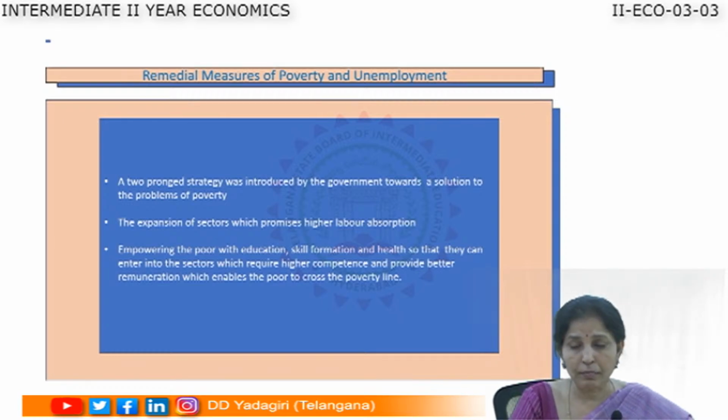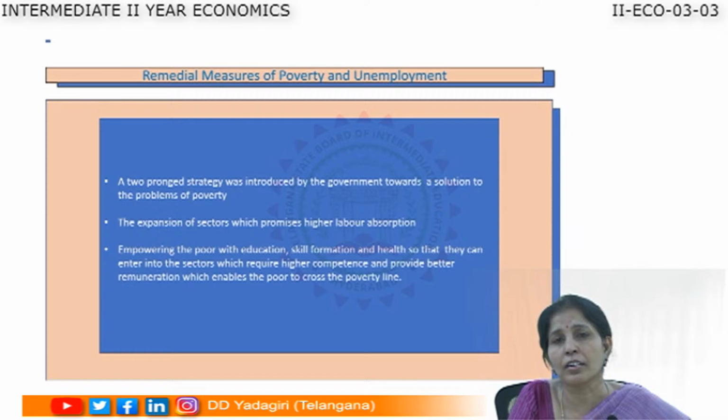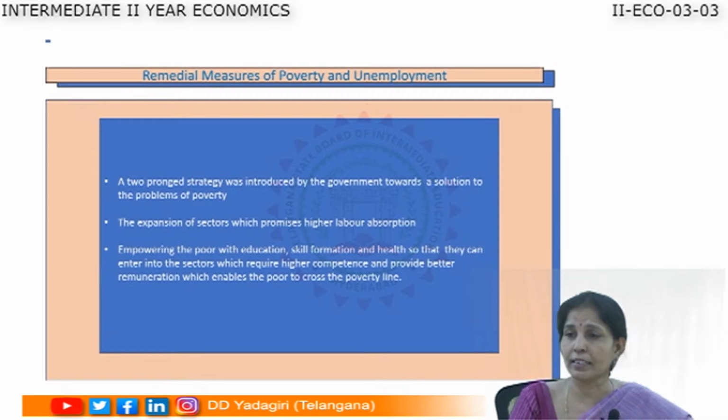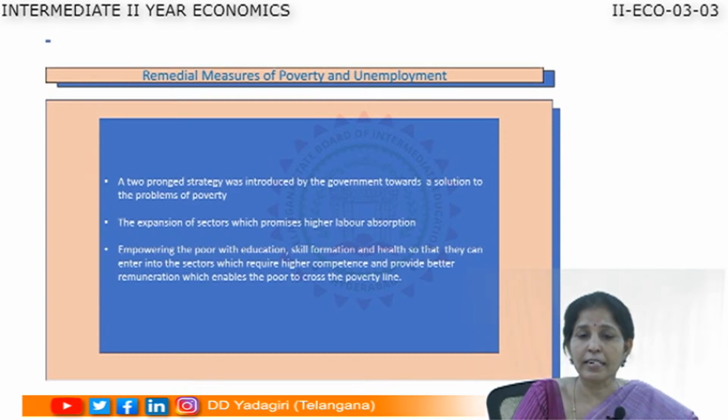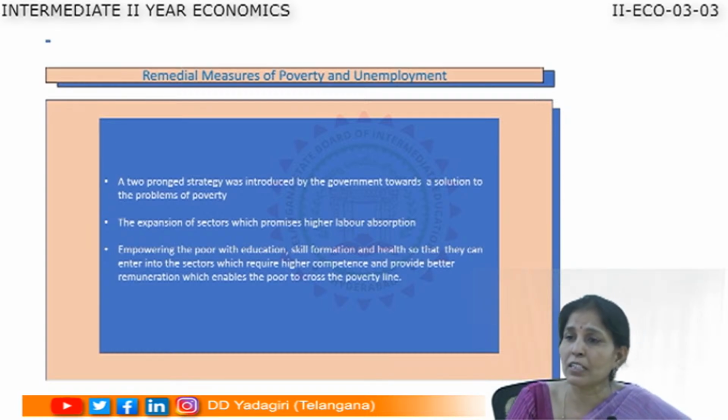Now, when we see the sectoral contribution from primary, secondary and tertiary, today the components under the tertiary sector are increasing and it is supposed to be the fastest growing sector. When do we say fastest growing sector? When it is creating more employment opportunities and contributing more to the national income.